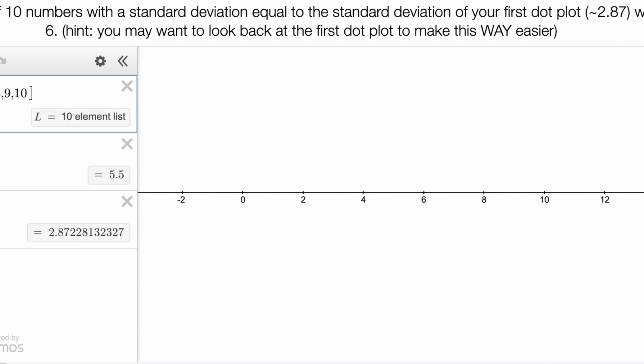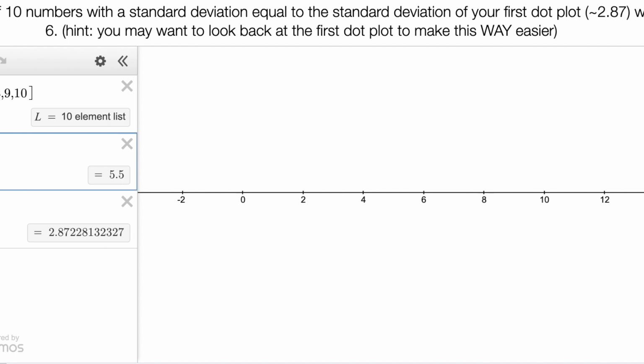And we're just going to look at the statistics again. So we have a mean of 5.5 and a standard deviation of 2.87. Now, they want a mean of 6, but we want to keep the same standard deviation. So we know that our numbers have got to come up some. I'm only half away from 6. So 5.5 to 6 is only half.